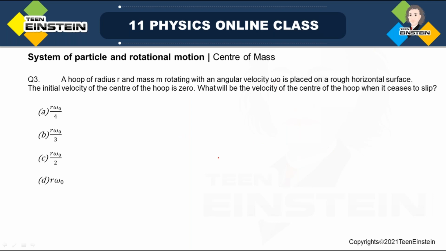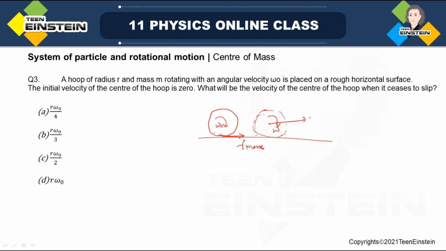Initially, the center of mass had 0 velocity.